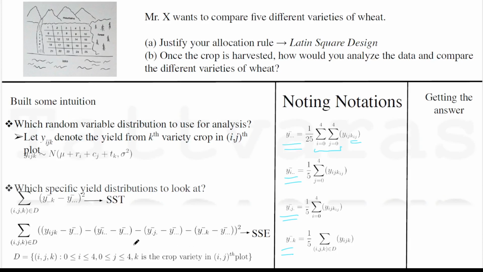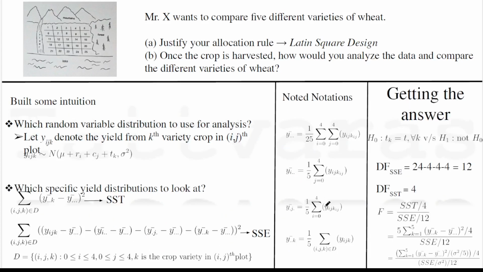Hence, when you look at this, it makes sense, as this is the variation coming from the variety of crops, or our treatment. And this is eliminating everything else, right? So this is the error, so to speak. The error coming from the rows, the error coming from the columns: the variation from rows, variation from columns, variation from treatment. If you remove them, then what remains is your error variation. And these things are useful for us to get the answer of how we would do the comparison.